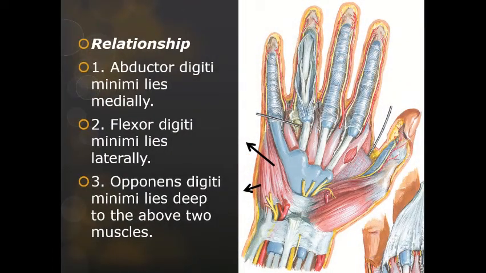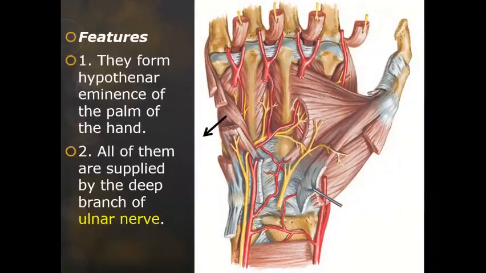The relationship is: abductor digiti minimi lies medially, flexor digiti minimi lies laterally. This is the flexor digiti minimi. This one is abductor digiti minimi, and opponens digiti minimi lies deep to the above two muscles. Here you can see the opponens digiti minimi muscle. After separating the flexor and the abductor digiti minimi muscles, we can identify the deep muscle, which is the opponens digiti minimi.